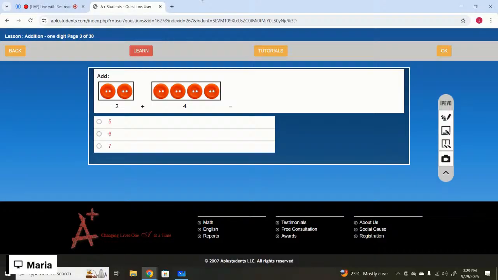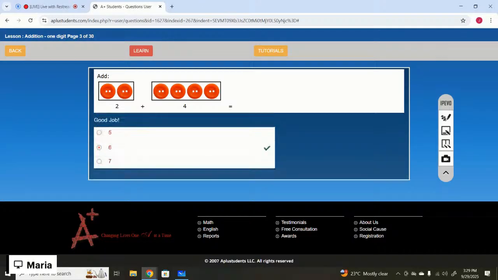Two plus 4. Let's count them together. 1, 2, 3, 4, 5, 6. The correct option is 6. Option number 2 is the correct option.